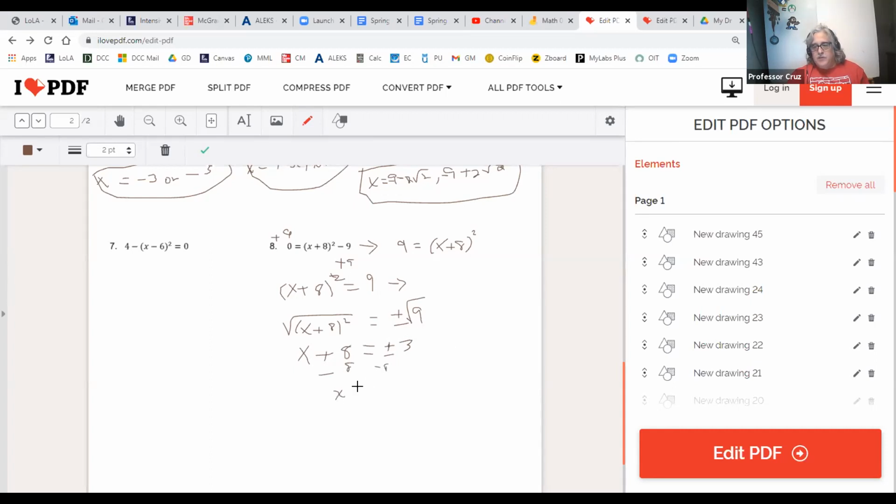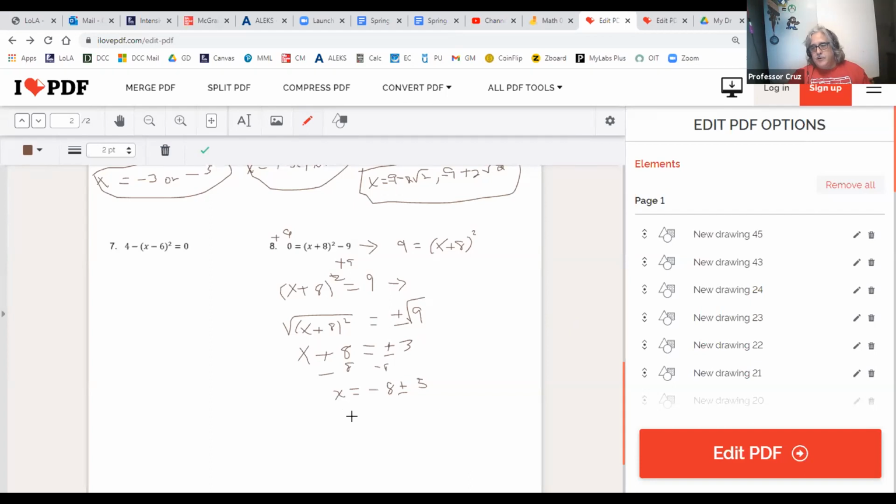So x is equal to negative 8 plus or minus 3. And incidentally, if you can do it like this, it's going to be the same thing. Like I said, I just work better if I have this part on the right-hand side and that over there.